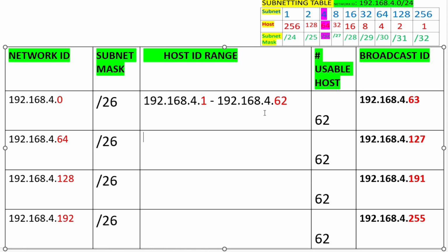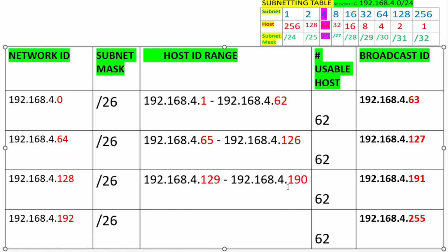The second host ID range is 65 to 126, between 64 and 127. The third host ID range is 129 to 190, between 128 and 191.